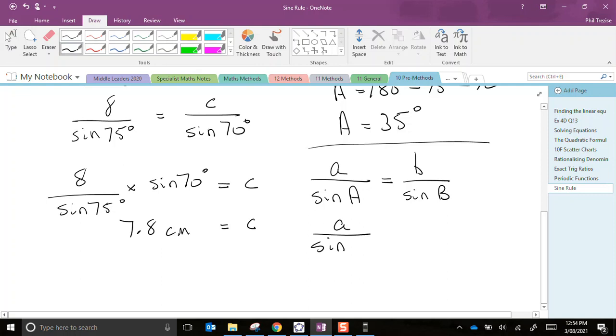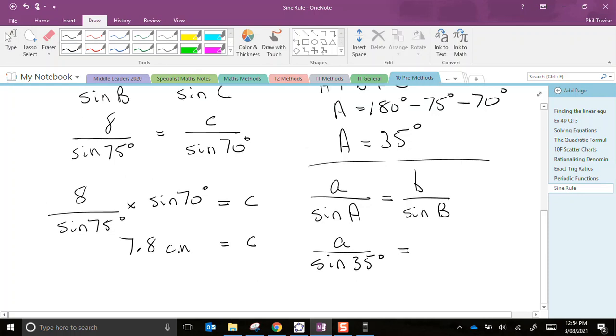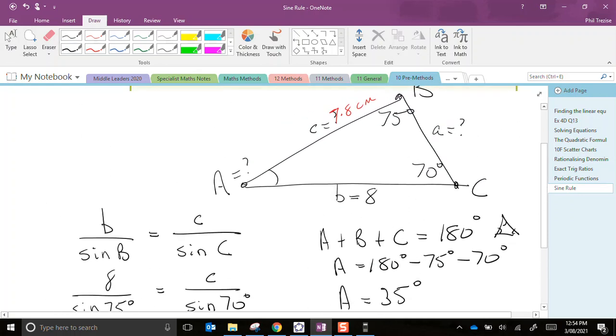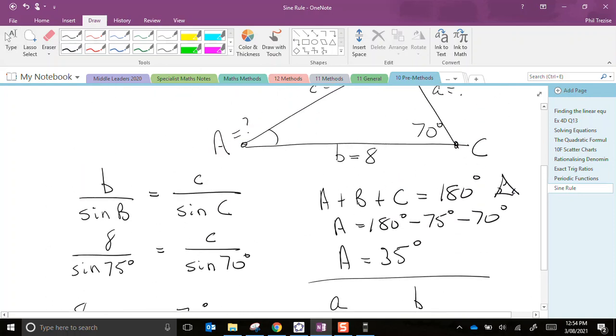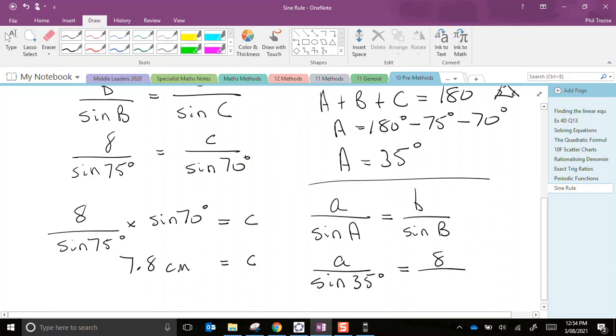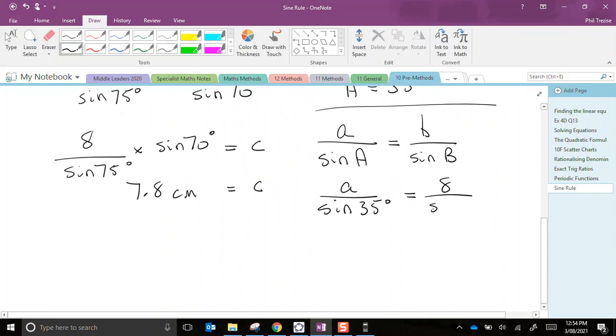We now have that angle A is 35 degrees. Little b was 8. And angle B, if I remember, was the one at the top, 75 degrees. So multiply by sine 35 degrees, and then I still would have 8 over sine 75 degrees.